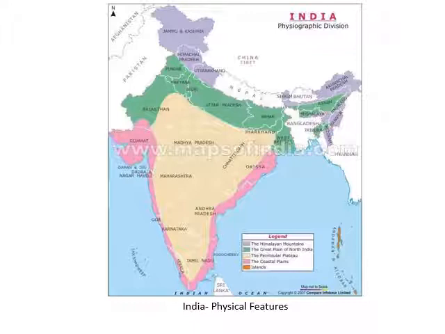The Indo-Gangetic plains are extremely fertile and suitable for agricultural activities. Because of its fertility, ancient civilizations such as the Indus Valley civilization and the Vedic period flourished here.